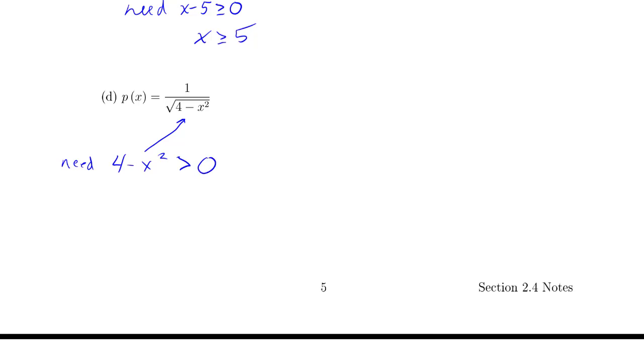All right, and if I were to solve this, now that's a polynomial inequality. So if you wanted to solve this, you could go ahead and say that's 2 minus x times 2 plus x greater than 0. And then basically you'd be saying that we have negative 2 and 2. This is how we would solve this with the number line diagram.